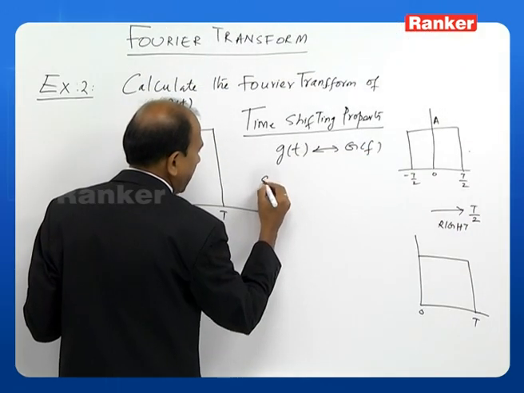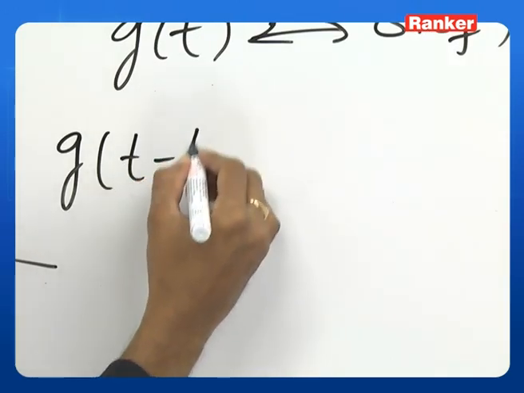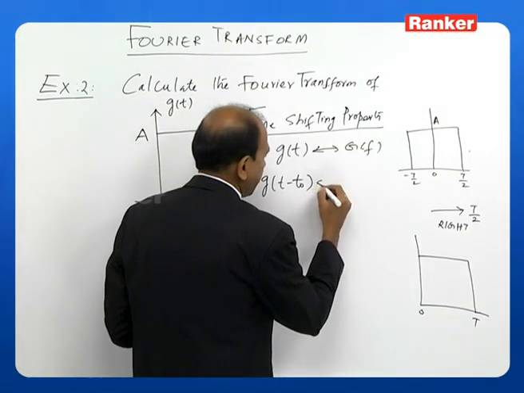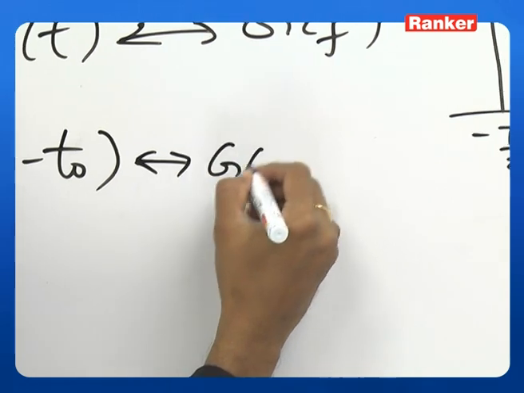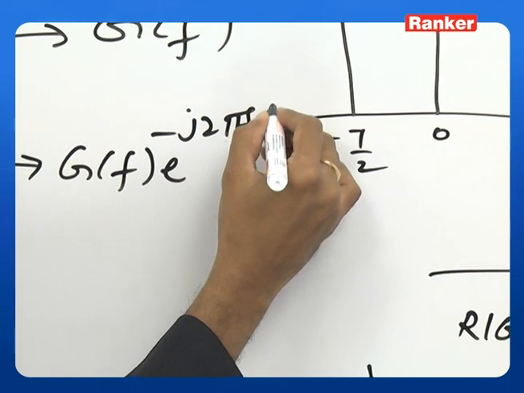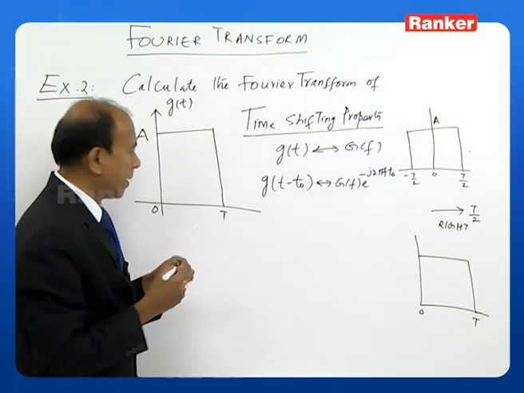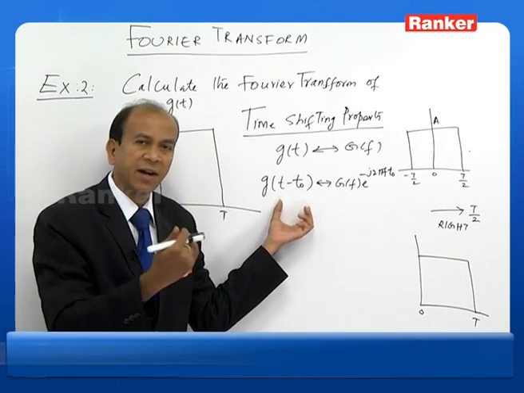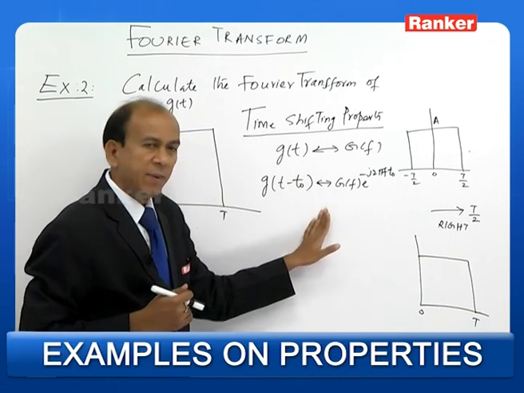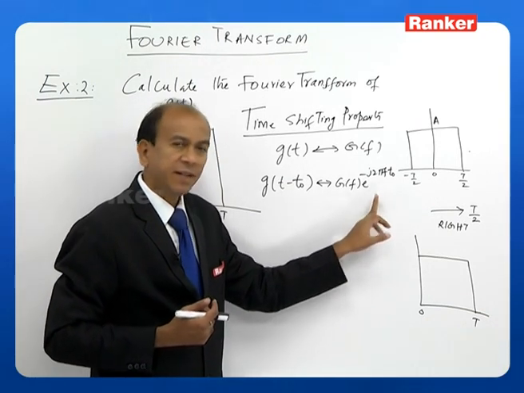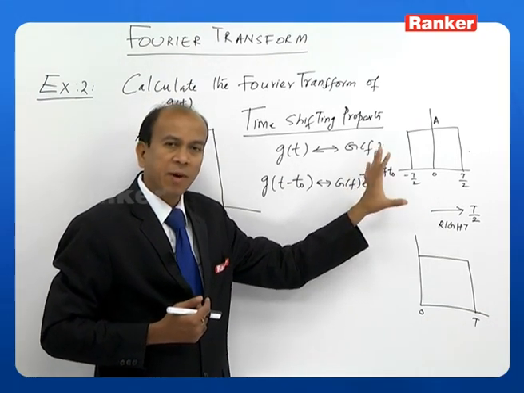Then if g of t is shifted by a time factor t naught, the equivalent Fourier transform will be G of f e to the power of minus j2 pi f t naught. That means if a function is shifted in the time domain by a certain factor t naught, it is equivalent to G of f multiplied by a factor e to the power of minus j2 pi f t naught.